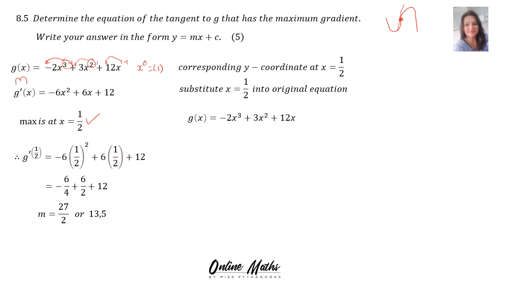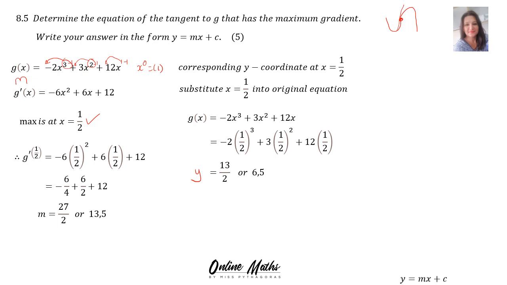Can you see? Not the derivative, the original. In goes a half. Use plenty of brackets with your calculator, and you find that the y coordinate is 13 over 2 or 6,5.